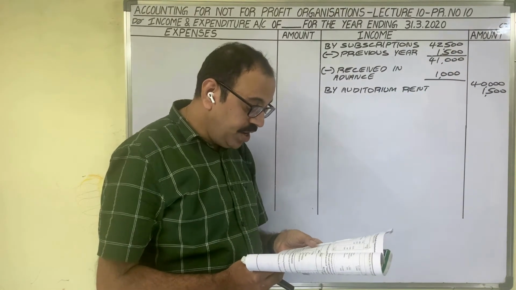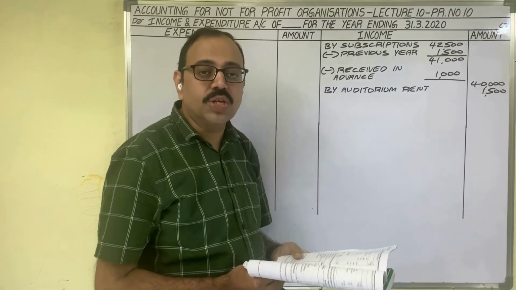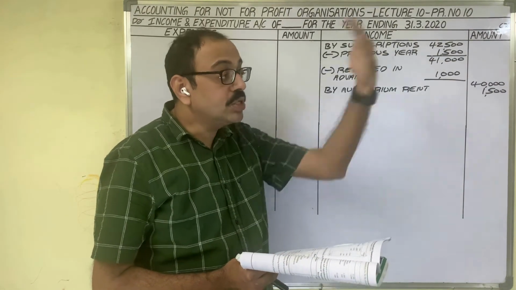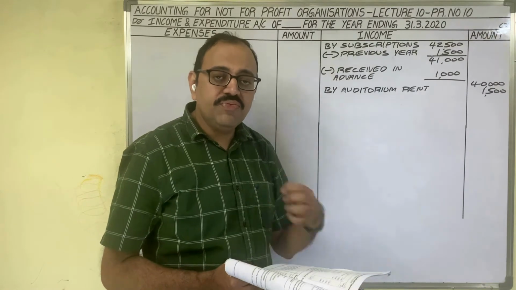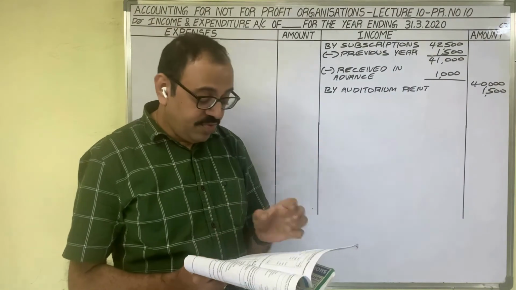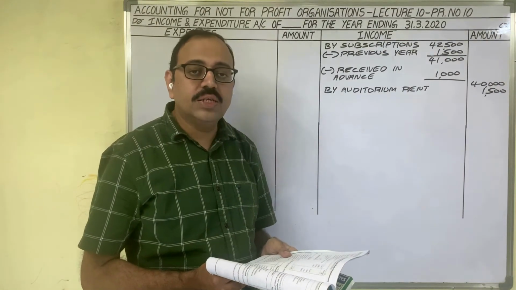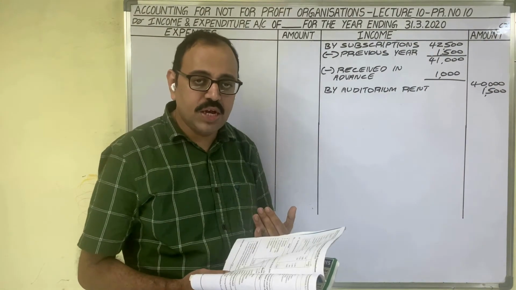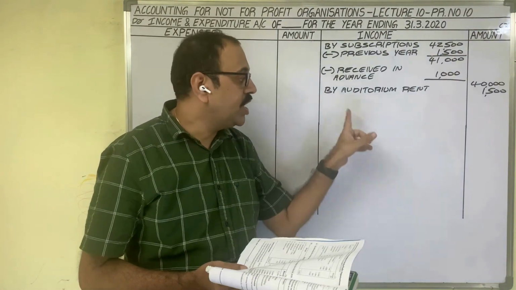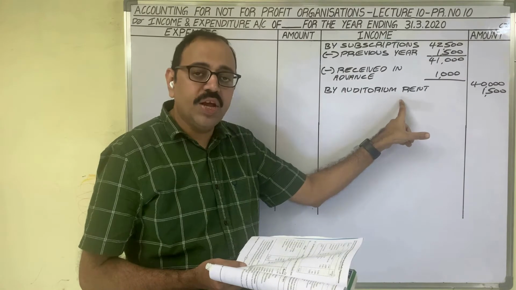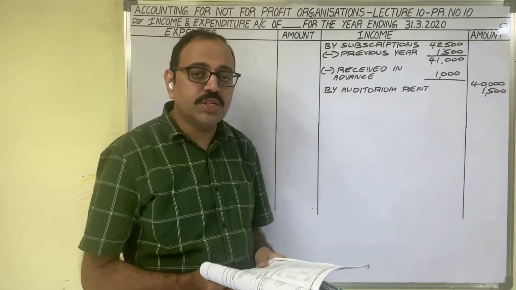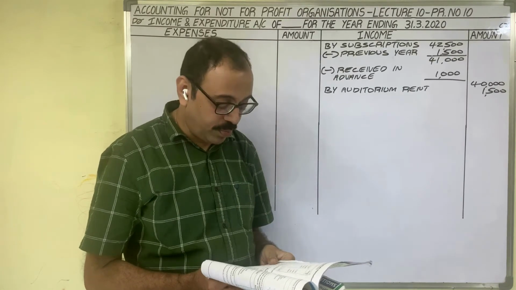Next, interest on investments 4,000 rupees. Firm invested some amount in outside securities. To the firm, that is an asset. So on that investment, firm received interest. So regularly this interest income comes, means this is regular income, means revenue income, credit side of income and expenditure account. And related with this interest on investment, there is one adjustment also.